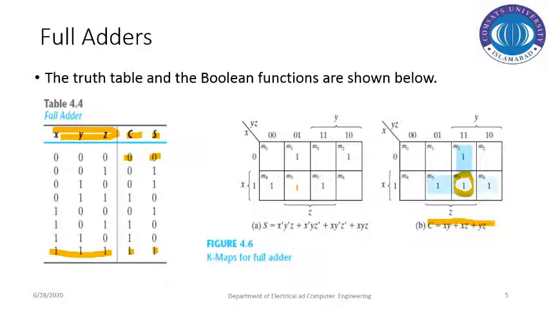But we can reshape this statement into another form by using Boolean algebra. For example, if we take x prime common from these two terms, we get y prime z plus yz prime, and if we take x from these two terms, we get y prime z prime plus yz.